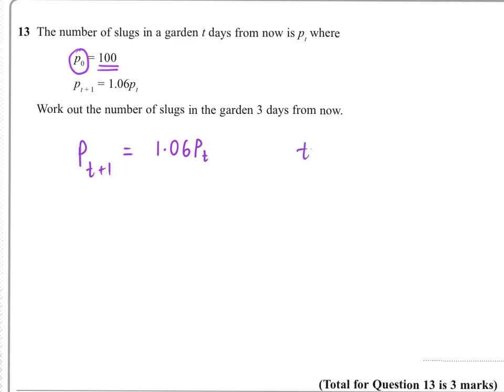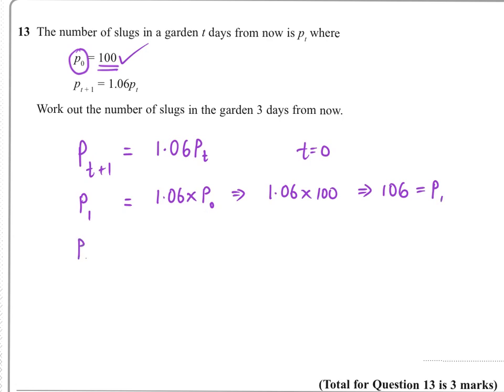So if we set T to be 0, then we'd have P1, i.e. the first iteration, will be 1.06 times P0. And that's okay, because we know what P0 is. It's 100, which is given in the question. So that gives 106 slugs for P1.